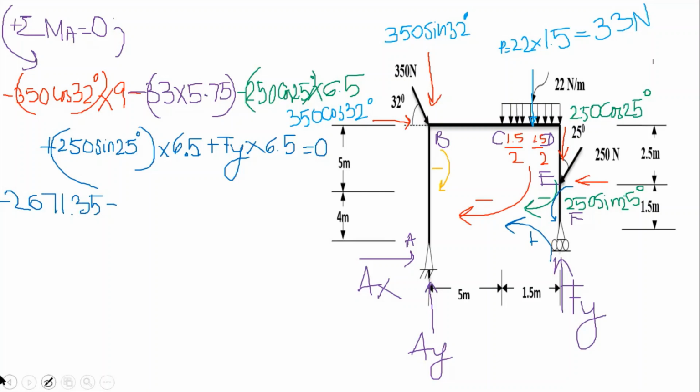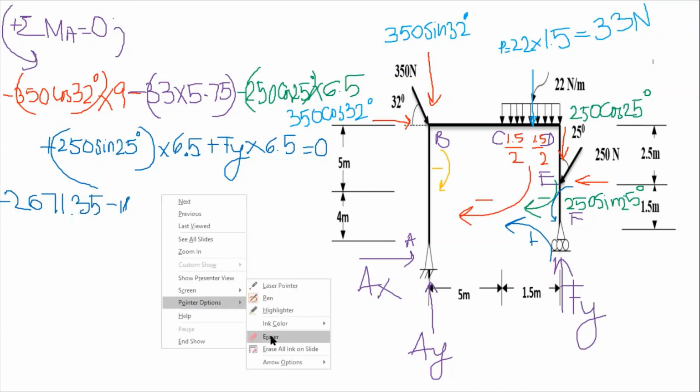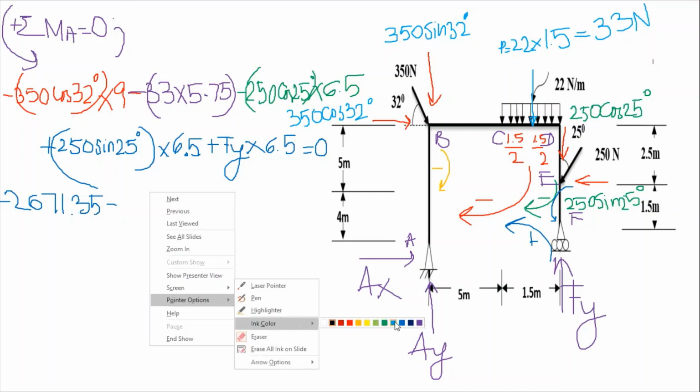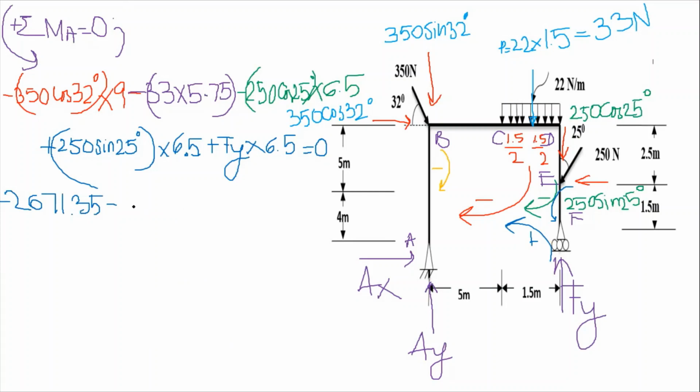It is coming out 189.75. Next is what? 250 into cos of 25 multiplied by 6.5.